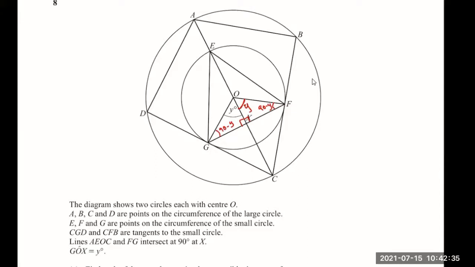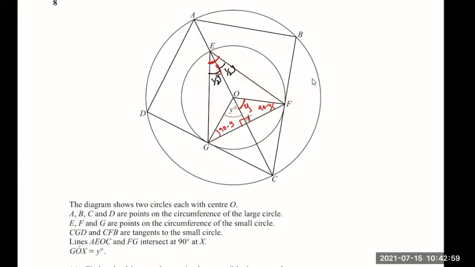Then I see this property where my angle is forming at the center, which is 2y, and there's an angle forming at the circumference, the entire thing must be y. So this must also be divided into half y and half y.